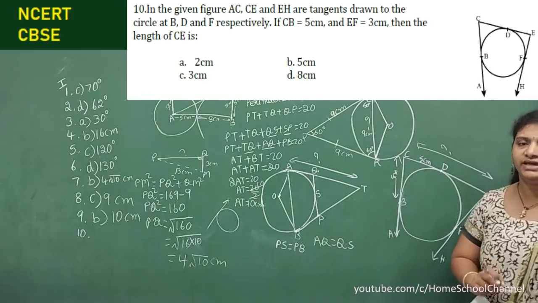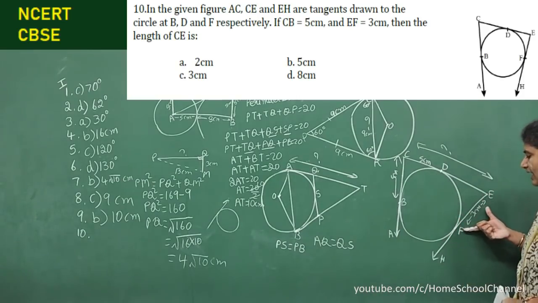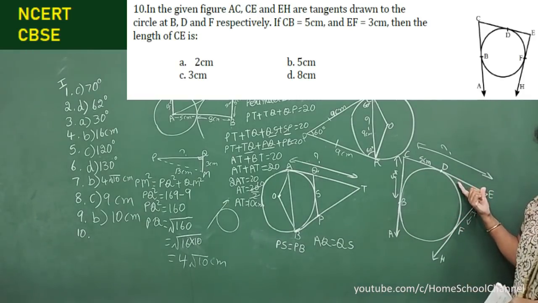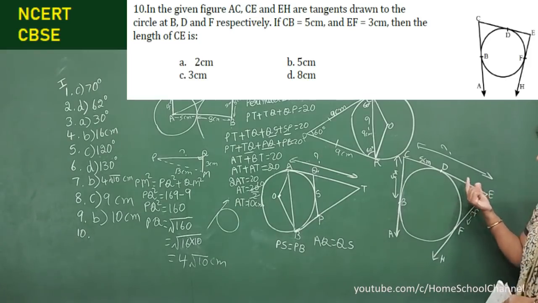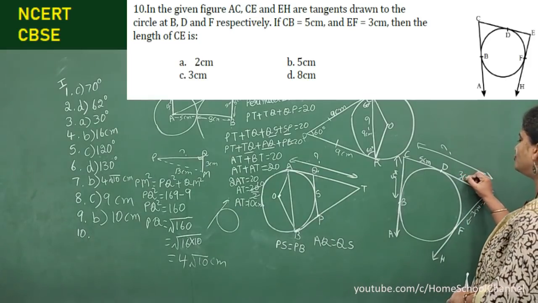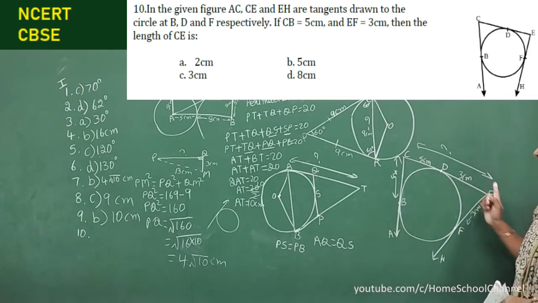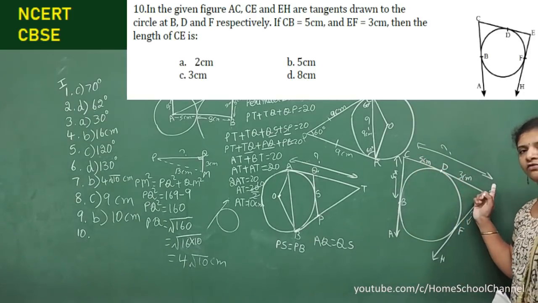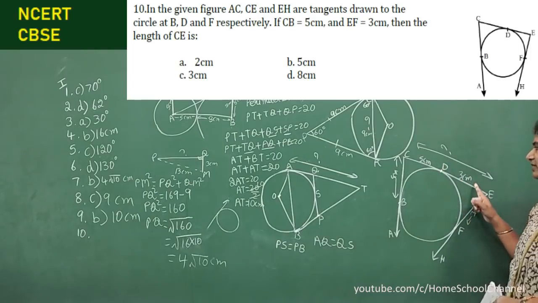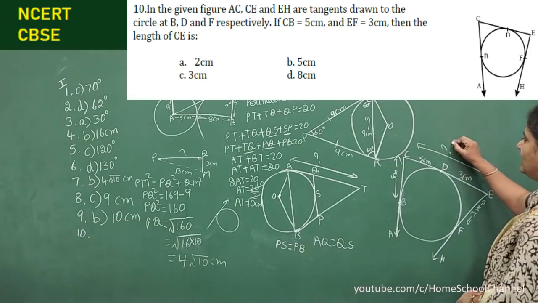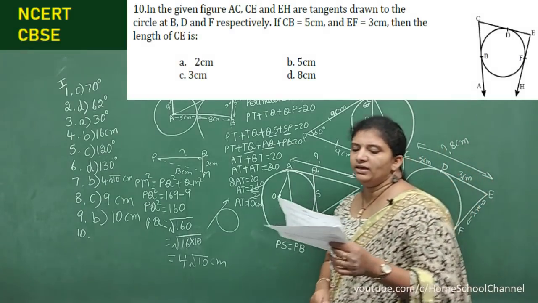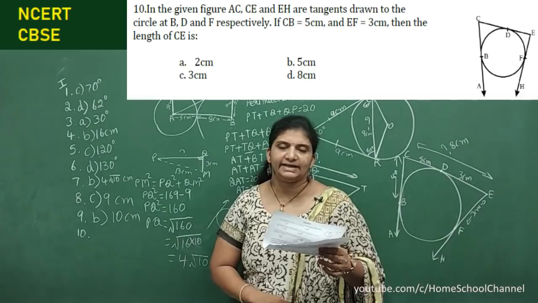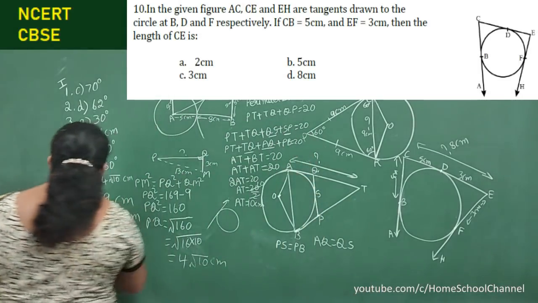EF, ED become the tangents. EF is equal to ED. From an external point, tangent lengths will be equal. EF is 3 centimeter given. Therefore, ED is also equal to 3 centimeters. Now, add these two and say the complete length of CE. 5 centimeter plus 3 centimeter will be 8 centimeters is the length of CE. So, which option is the right answer? It is option D, 8 centimeters.